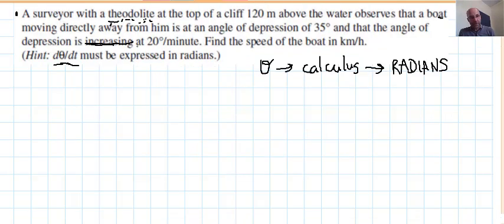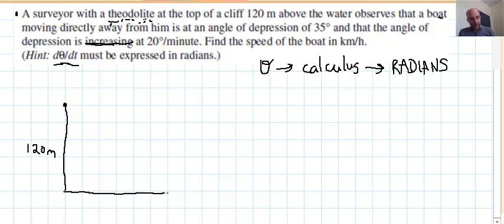Start by drawing a diagram. Let's put the surveyor here. He's on top of a cliff, so we'll depict the edge of the cliff with a straight line, 120 meters. Now the boat travels on water, so we'll idealize the water as a straight line and connect up to form a triangle.